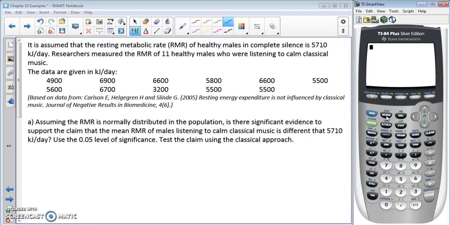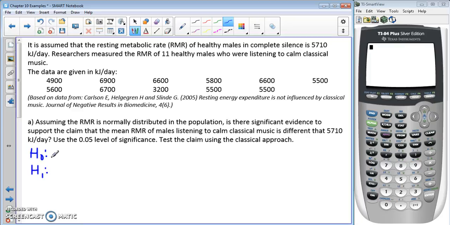So now that we've typed those in, we're going to go through it and write down our values. We only have 11, but we're coming from a population that's normally distributed, so we're good to go there. So let's write down our null and alternative hypotheses.